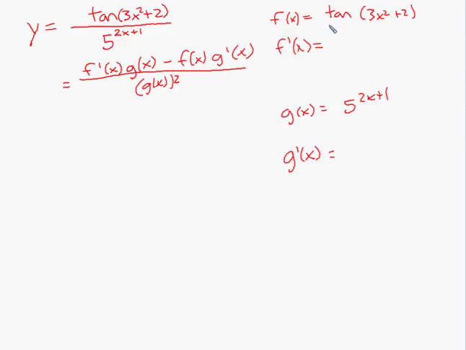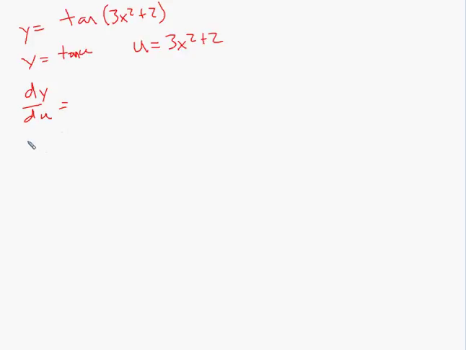Okay, so now somewhere else I'm going to go ahead and do this derivative, tan of 3x squared plus 2. Right, just double check to make sure I got that. Yep. All right, so this is a chain rule. What is u? 3x squared plus 2. Okay, so y equals tan u. All right, what's dy du? Secant squared u.